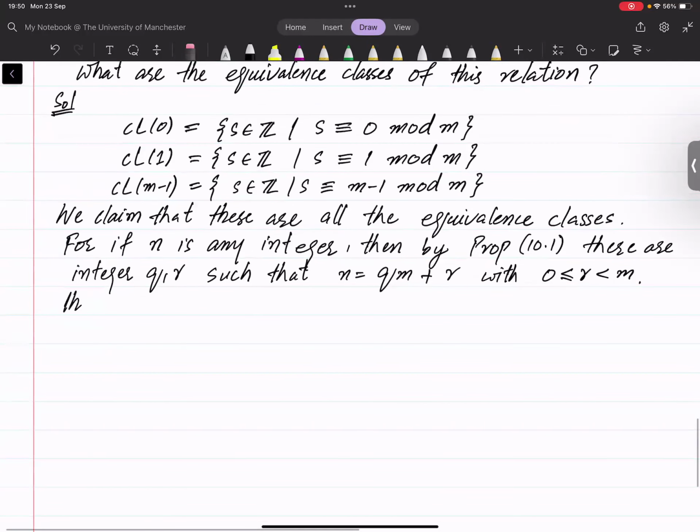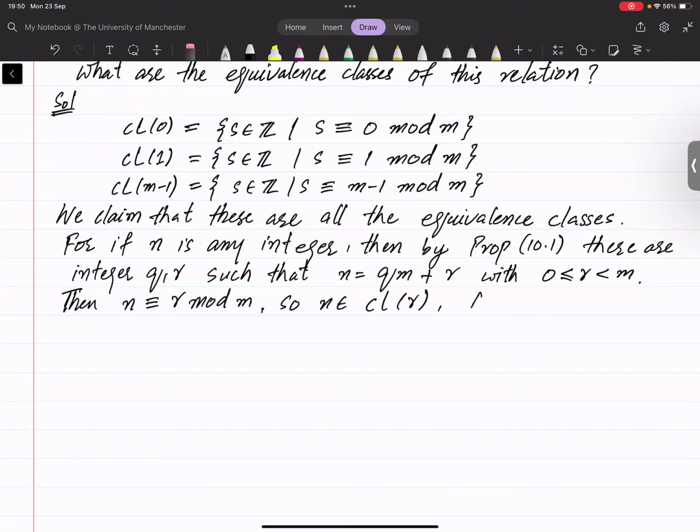Then n is congruent to r mod m. So n belongs to the equivalence class of r, which is one of the classes listed above.